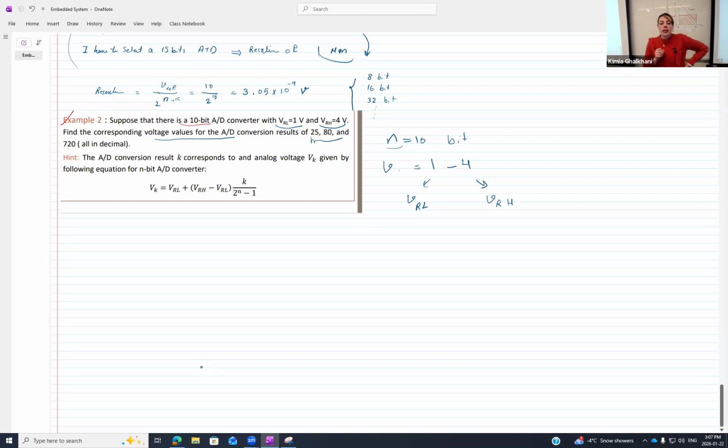Suppose you are expecting 25, 80, and 720. What does that mean? That simply means you are going to design maybe a temperature sensor. Let me draw it. Suppose you are having a system with your sensor, but you want to apply some temperature. Remember, very similar to what we do in the lab.